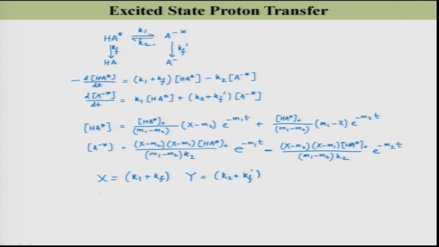and m1,2 is defined as half of x plus y plus minus the root of (x plus y) whole square minus 4 into (xy minus K1 K2).